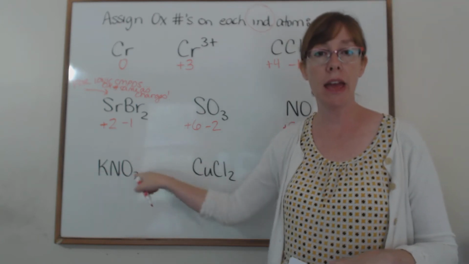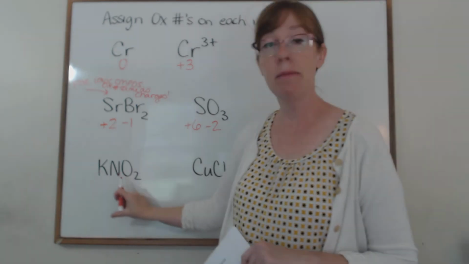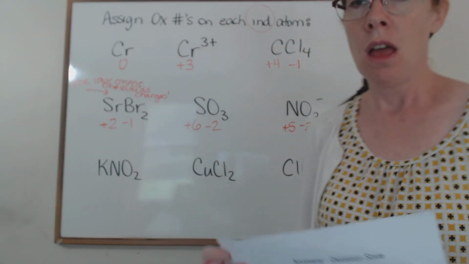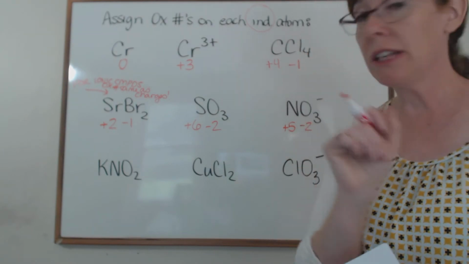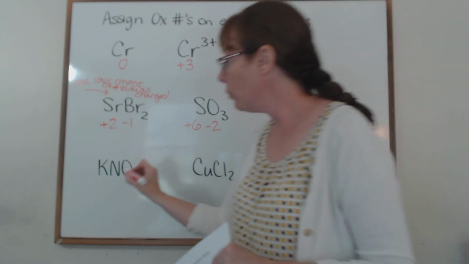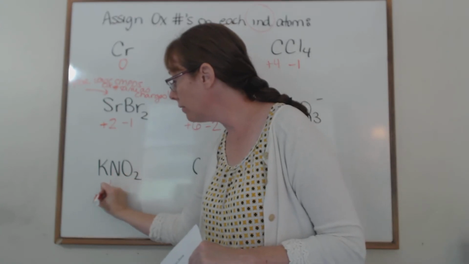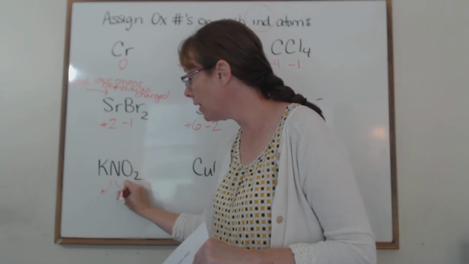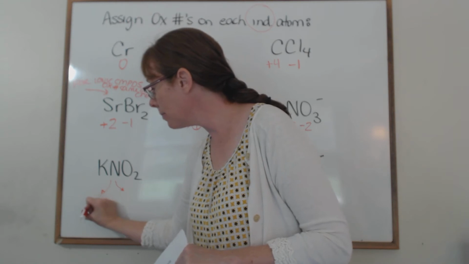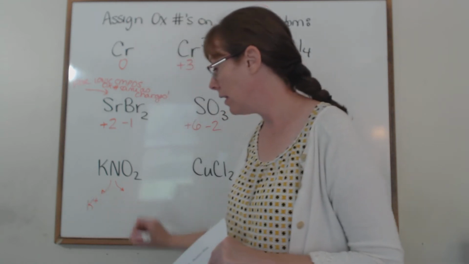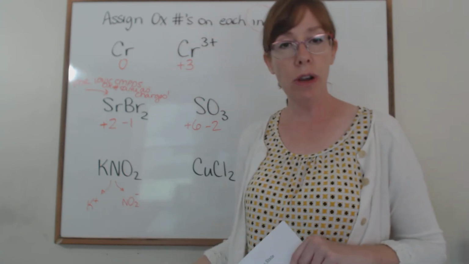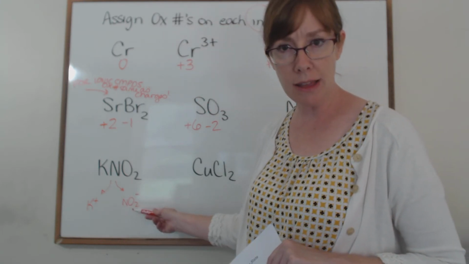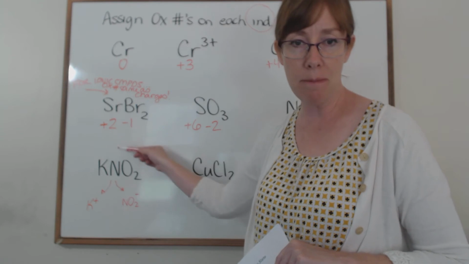Come over here to KNO2, potassium nitrite. Now, with this one here, there's actually 2 ways to do it. What you could do is recognize that potassium nitrite is really the K+ ion and the nitrite anion. And you could assign the oxidation numbers at this level. Let me do it like that on top.